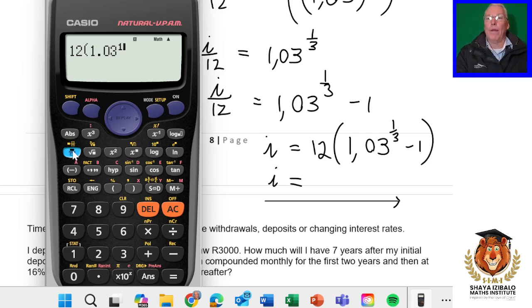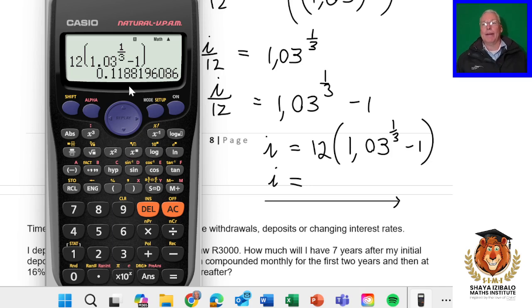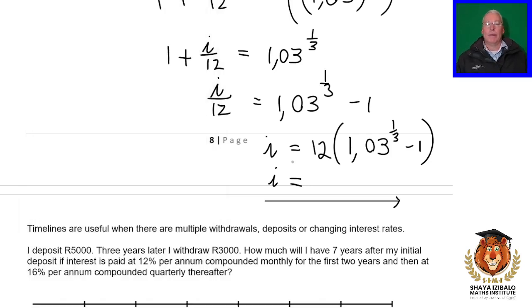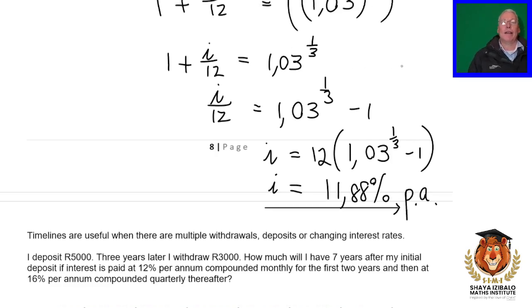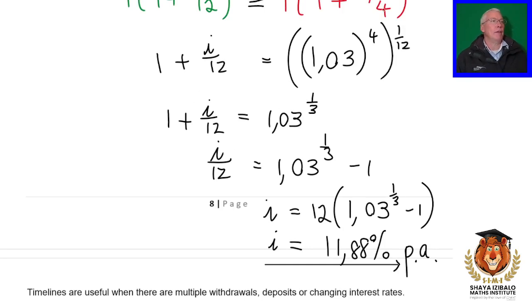And there it is. It's actually 11.88%. So 11.88% per annum compounded monthly is exactly the same result as 12% per annum compounded quarterly.